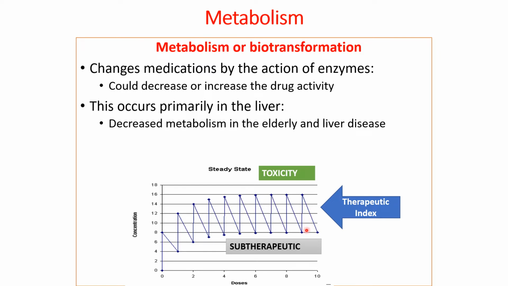Some medication have a very wide therapeutic index, so the upper limit is very far distant from the lower limit. Those are safe medication because it's very difficult to surpass the limits because they are very high or very low. This is a wide and safe and comfortable therapeutic index.